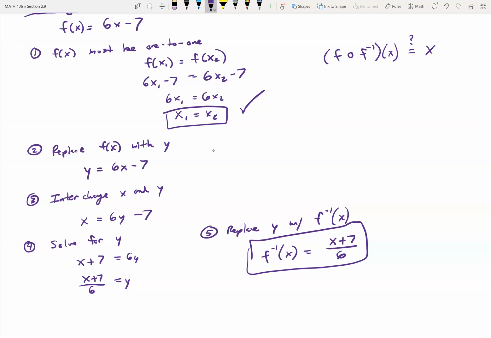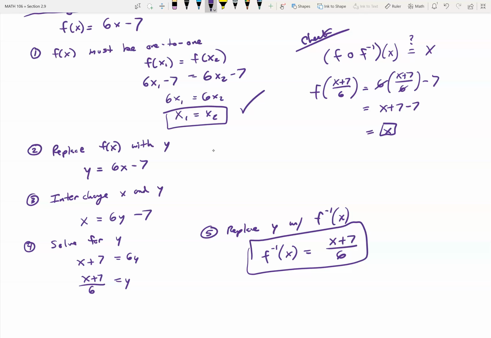We're going to plug in x plus 7 over 6, the thing we just found, in as the input to the original function f. So we'll get 6 times x plus 7 over 6 minus 7. The 6's here just cancel out, and we get x plus 7 minus 7, which is x. So boom. There's a good check to see if you've correctly found the inverse of a function.